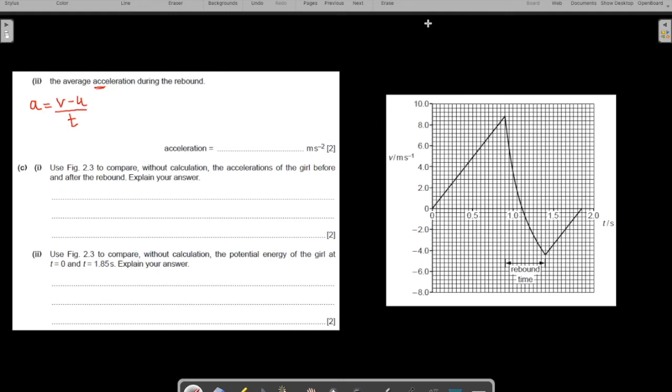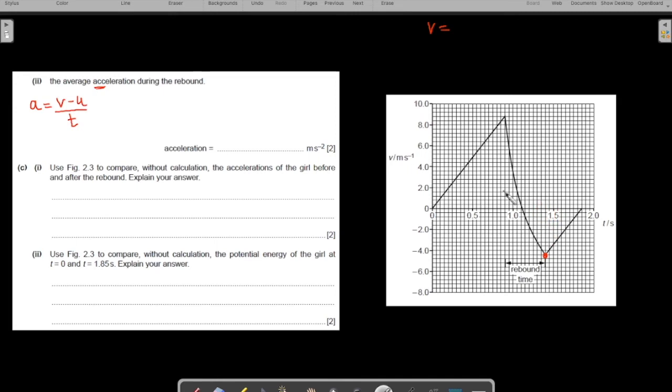v is the velocity which happens at a later point of time. Later and earlier point of time concepts you'll understand when you go through the theory of acceleration. So what is the velocity at the later point of time? This is the time which comes later, right?